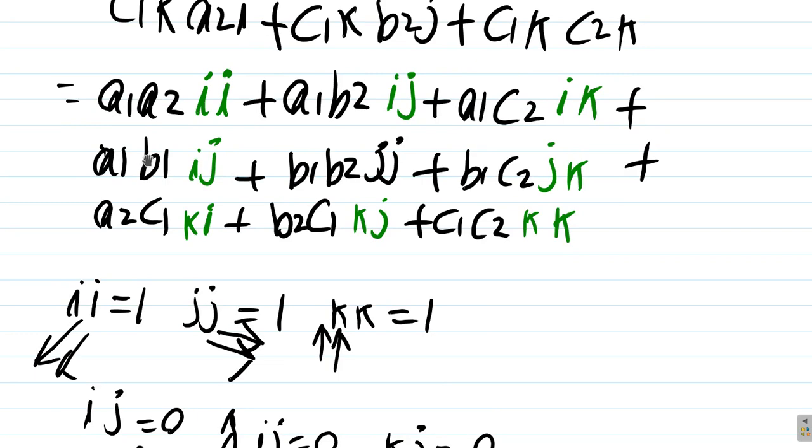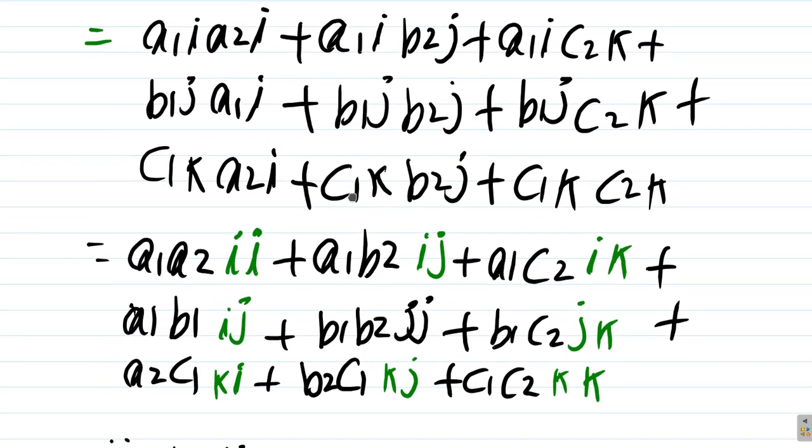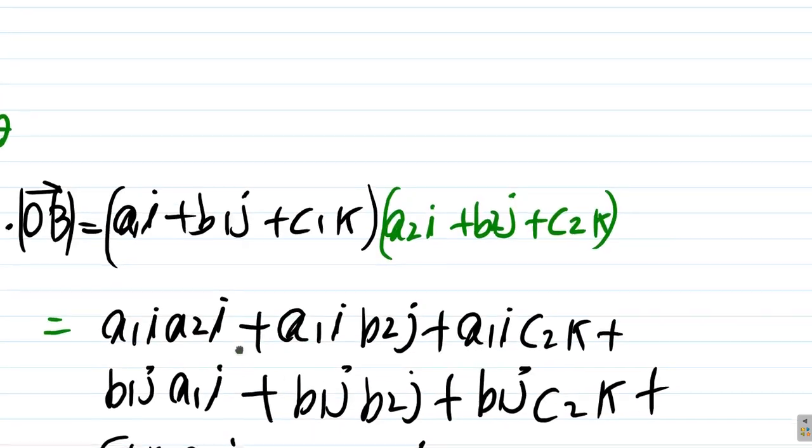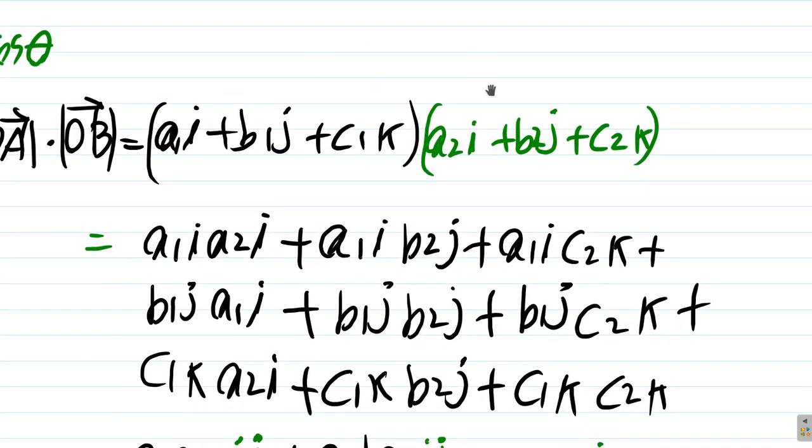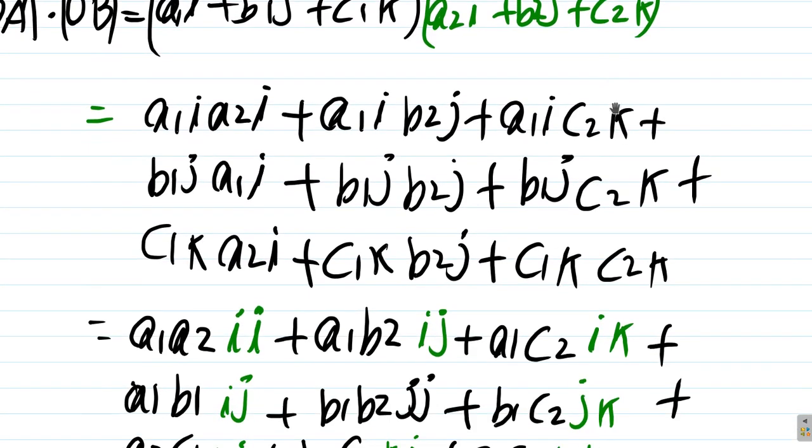A1 B1, but A1 B1 here is going to be, it's a 0 here. Let me see something here. A1 A2, A1 B2, A1 C2, good.